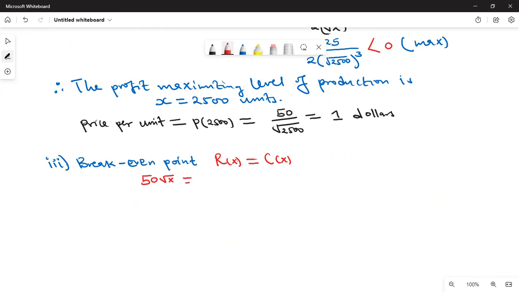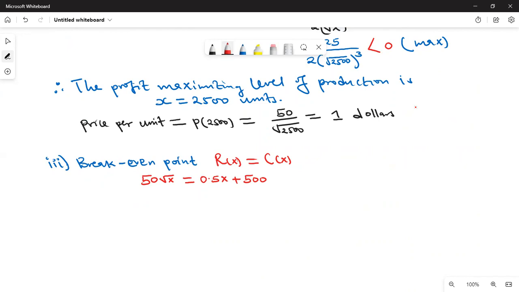This must be equal to our cost. We are given that as 0.5x plus 500. We need to solve for x. 50 root x is equal to 0.5x plus 500.